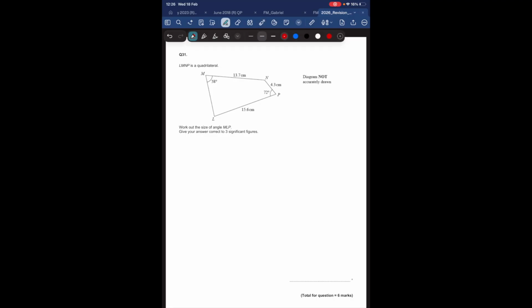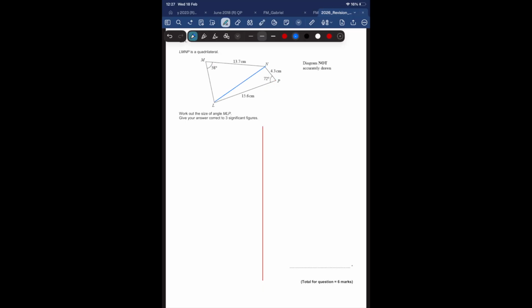So the first thing I'm going to do is just draw a column line to separate out my work down the middle. Now, we have two choices in how we add an extra line to form a right angle triangle. We can either draw a line from M to P, but if we do that, we're basically cutting this angle 58 degrees and this angle 72 degrees into an unknown ratio.